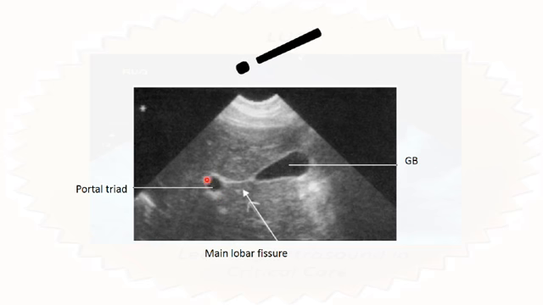It looks like a big anechoic space, and the dominant part of this is the portal vein. But along here, if you zoom up, you'll be able to see the hepatic artery and the common bile duct. And that looks like the exclamation mark sign. This is a relatively fixed relationship, and you must always search for the exclamation mark sign when you want to confirm whether or not the structure that you're seeing is the gallbladder.